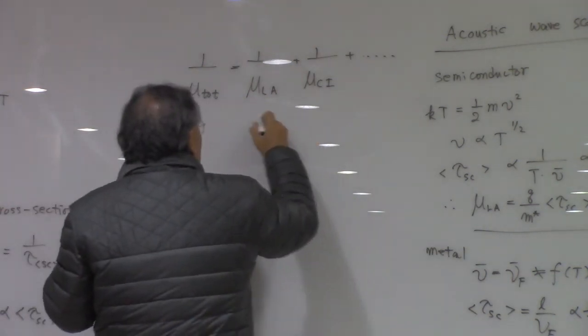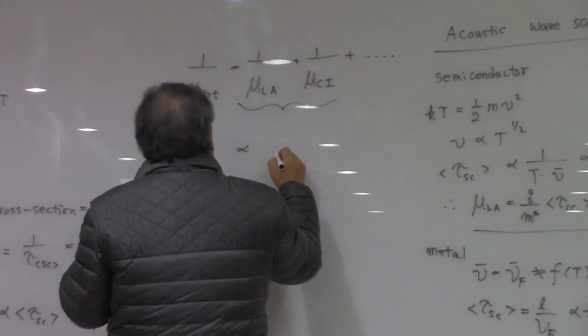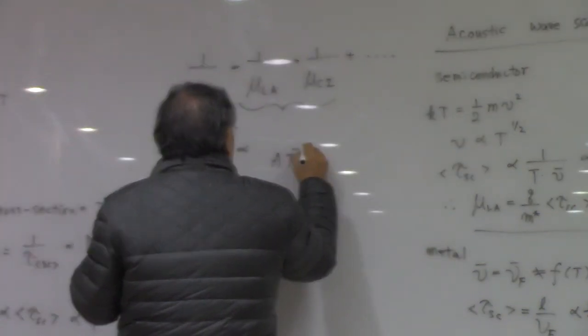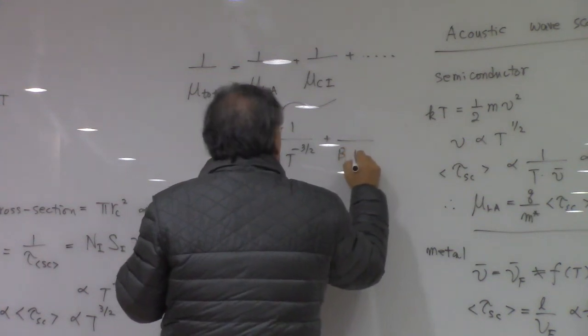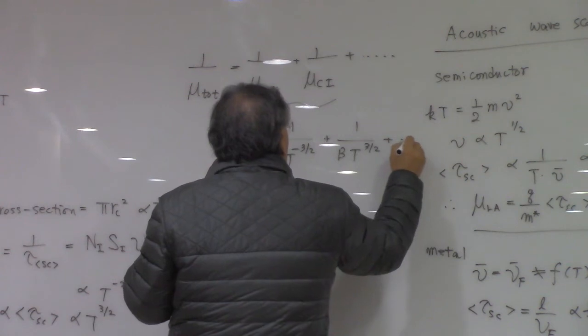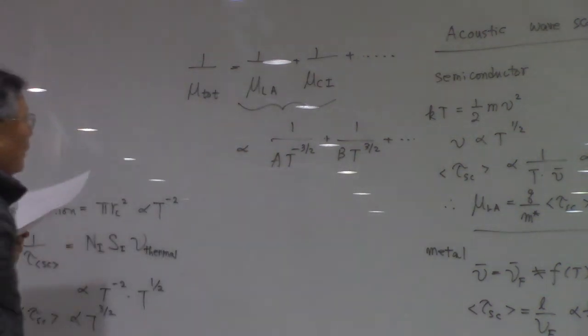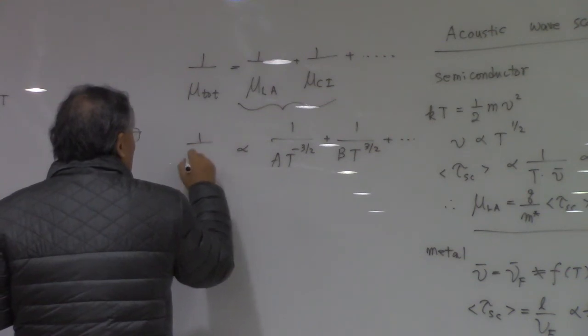And then if these two are important, then this should be A T to the minus 3/2 plus B T to the positive 3/2. It should go something like this, okay? That is 1 over mu total.